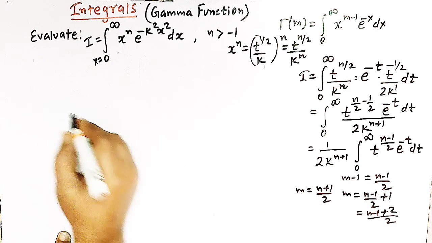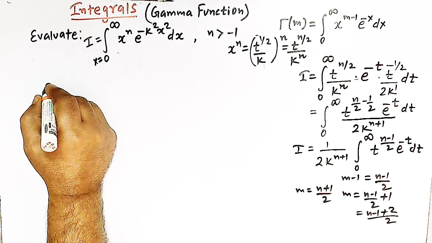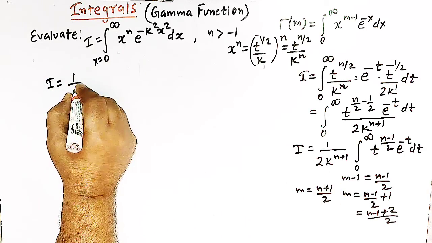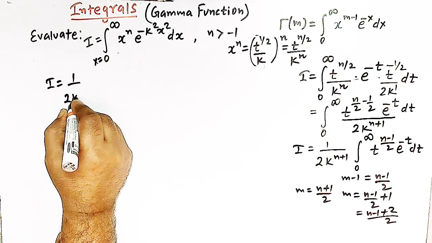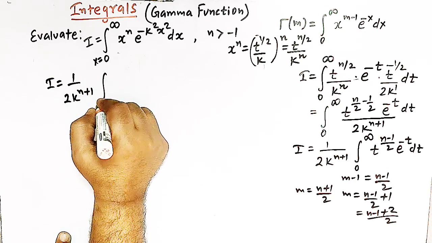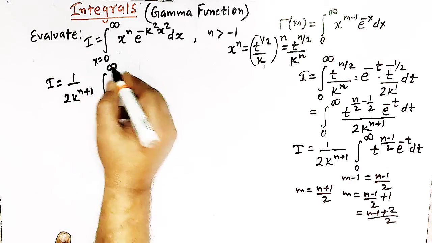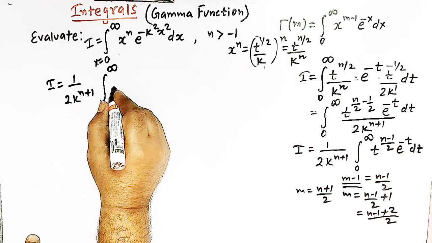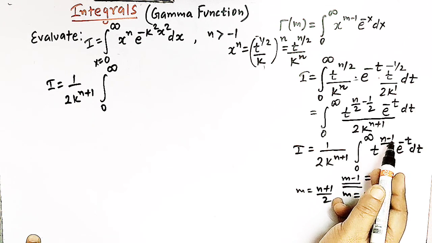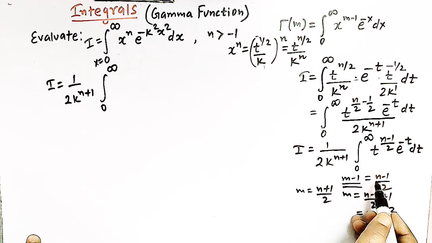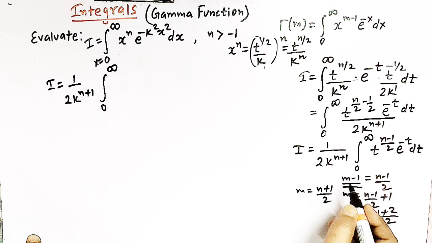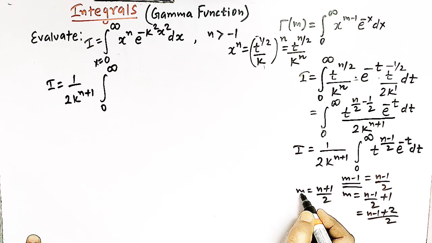So now we can write our integral I in this form: 1 over 2 times k raised to n plus 1. Here we have 0 to infinity, and here we have t raised to (n minus 1) over 2, and (n minus 1) over 2 is m minus 1, and the value of m is (n plus 1) over 2.